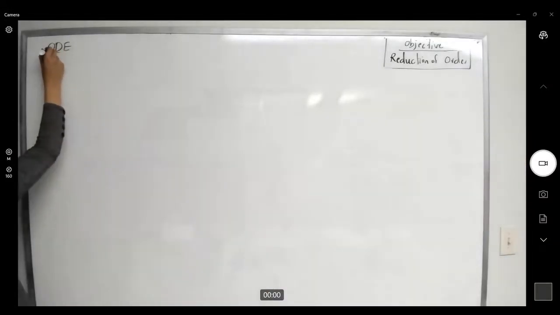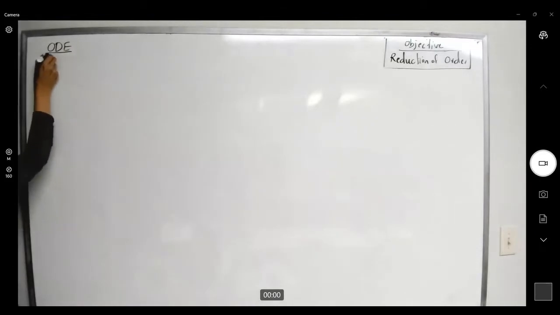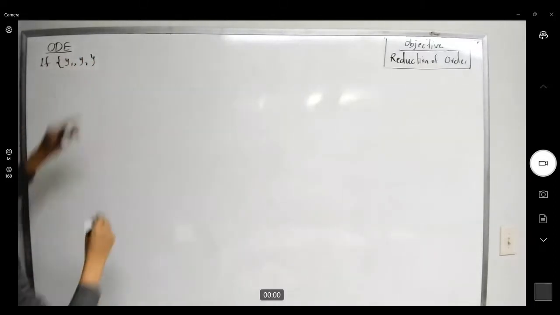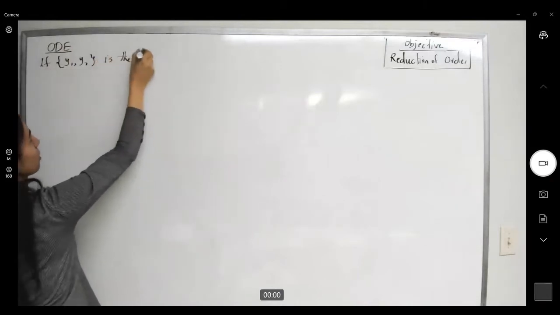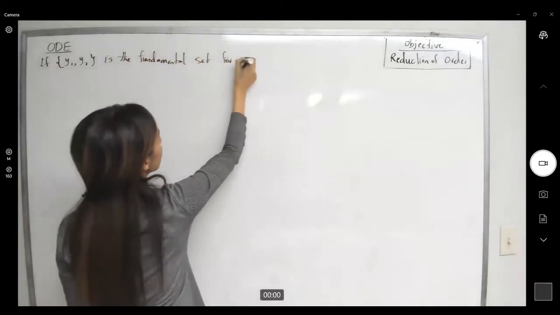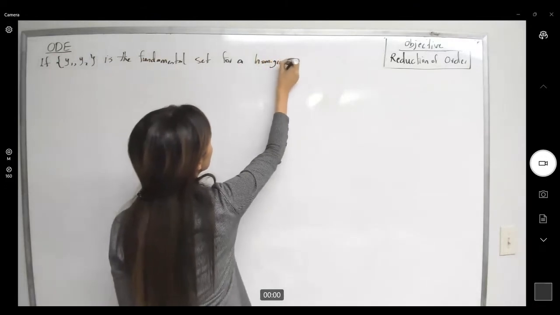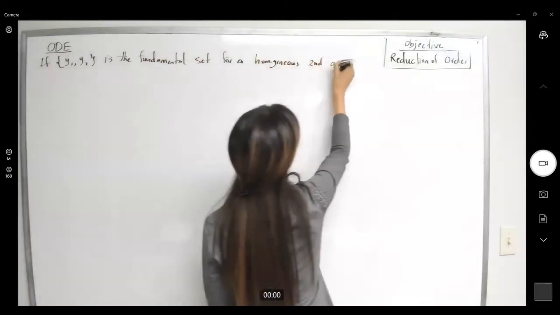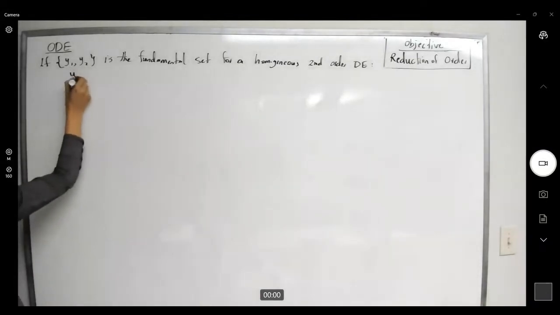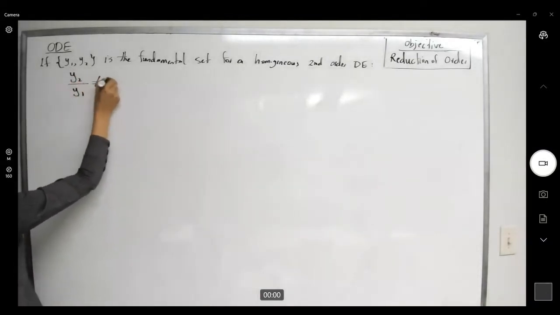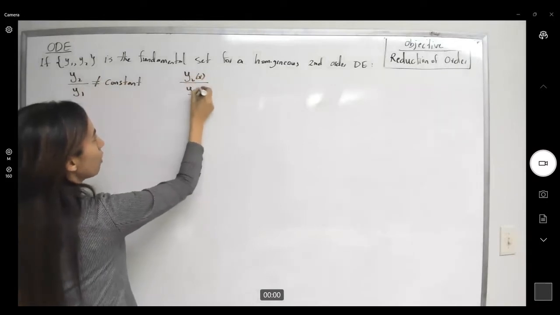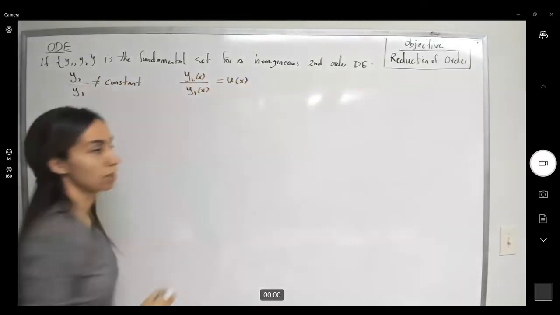First of all, recall that if y1 and y2 are the fundamental set for a homogeneous second order differential equation, then we have the following observation. y2 divided by y1 is not a constant. y2 of x over y1 of x is a function like u of x.